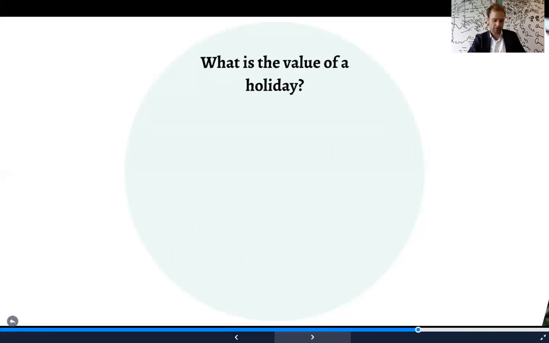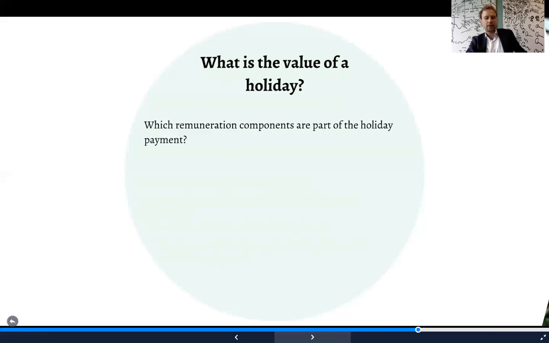The last subject of today is the remuneration components that form part of a single vacation day. So what's the value of a single vacation day? Holiday pay is a term that is regularly litigated about, whether or not as part of a more extensive procedure, for instance, a dismissal procedure of which payment of outstanding holidays is part.